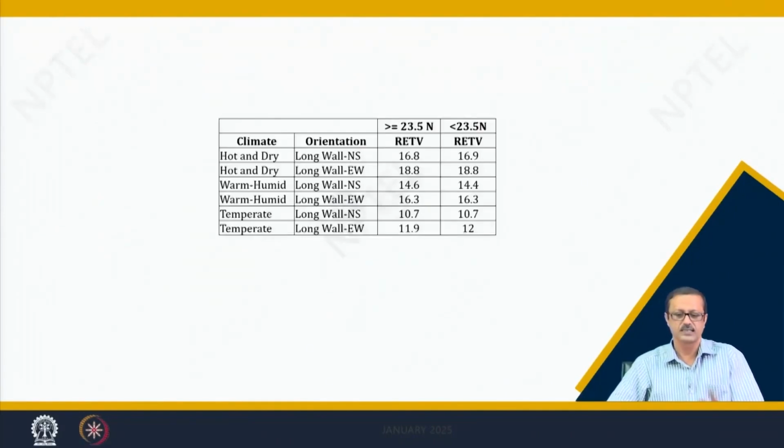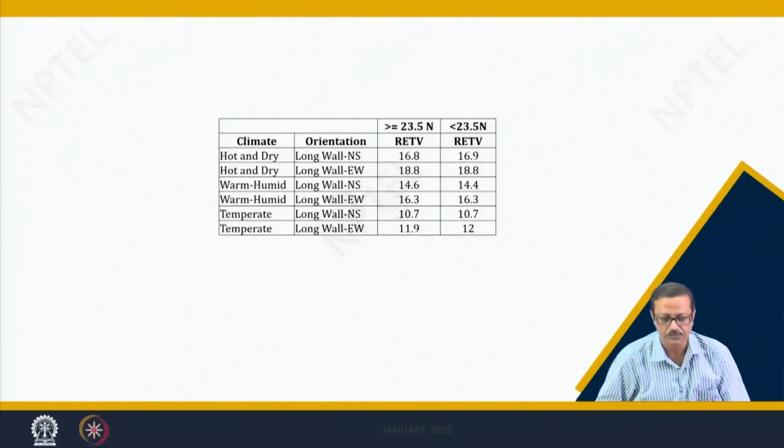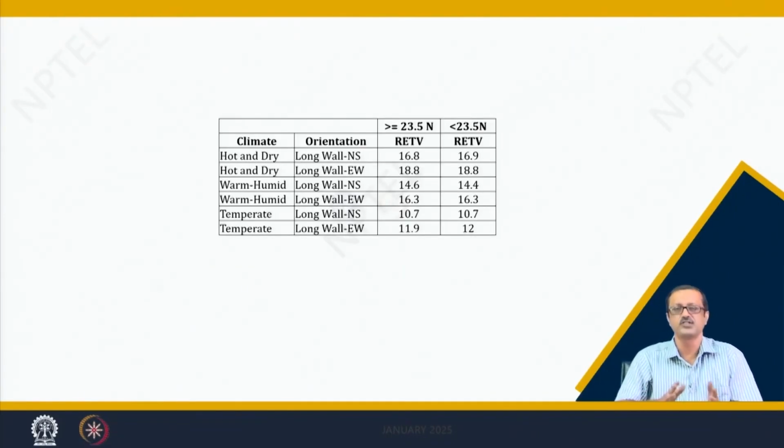These are the small tables I have placed for the change of orientation and also the change of latitude. For hot and dry, if you see the first two lines, the change of latitude does not make much change. Warm humid also does not make any change, even the temperate climate does not make a big change.